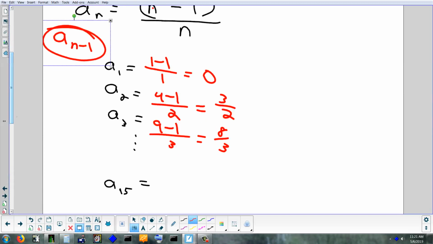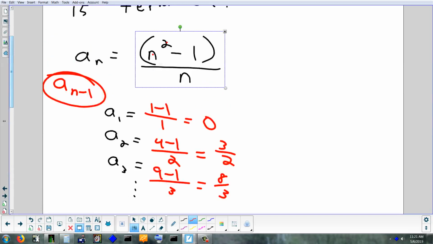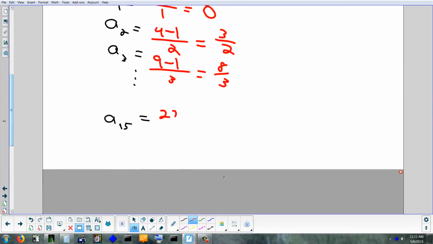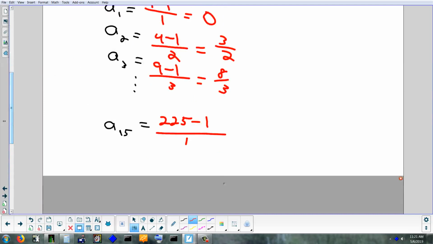All right, so we plug in 15. What is 15 squared? 225. So 225 minus 1 divided by 15. So that's 224 over 15.